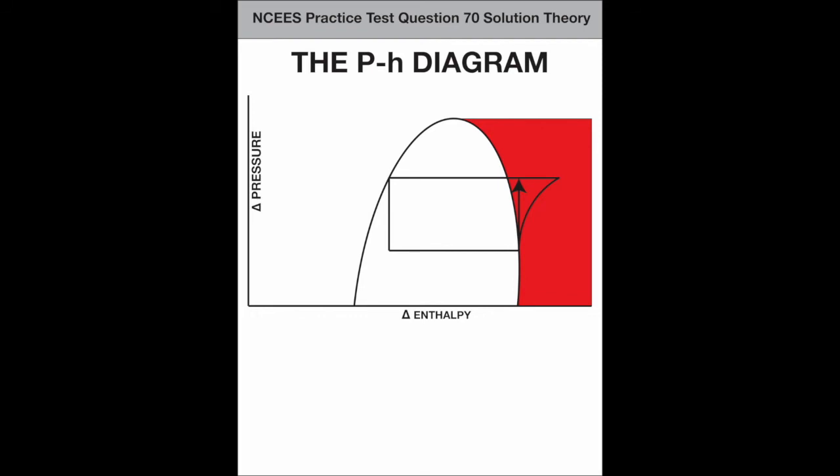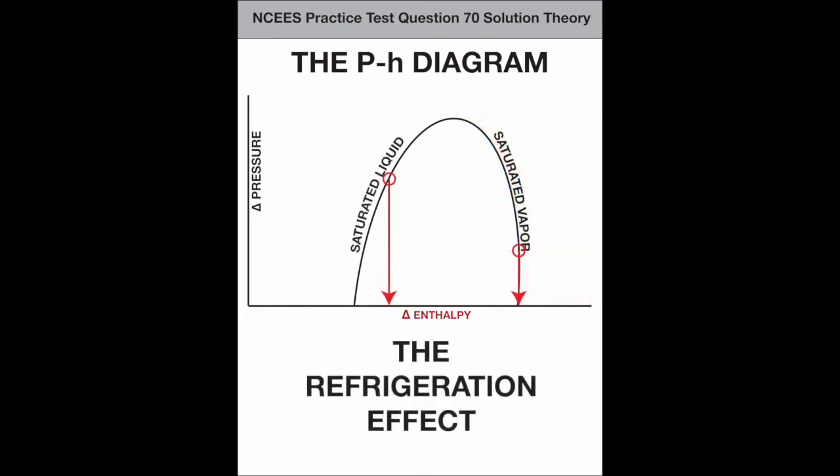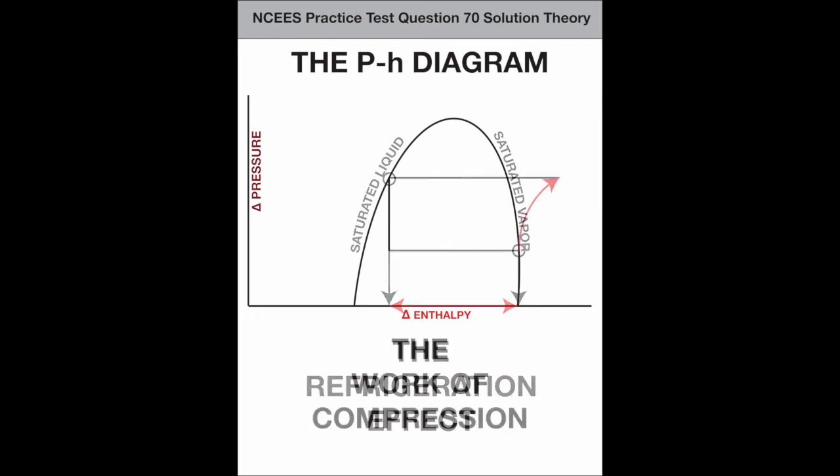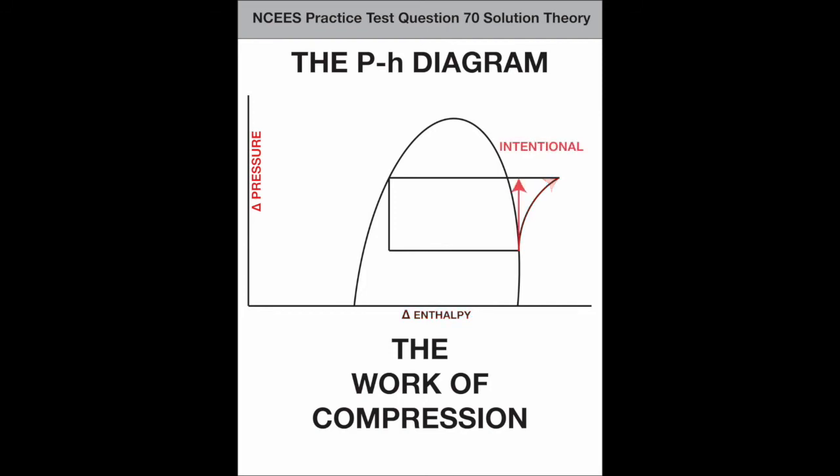The real stuff of refrigeration happens here, which is the change in heat energy between saturated liquid and saturated vapor. Here is the refrigeration effect, a pure delta H. Here is the work of compression, a mix of intentional delta P and incidental delta H.